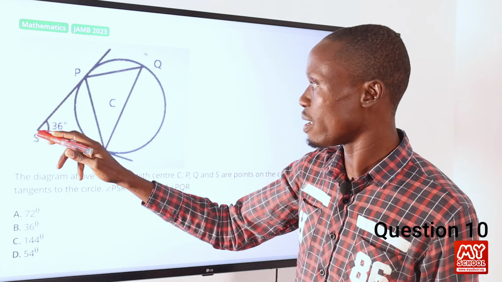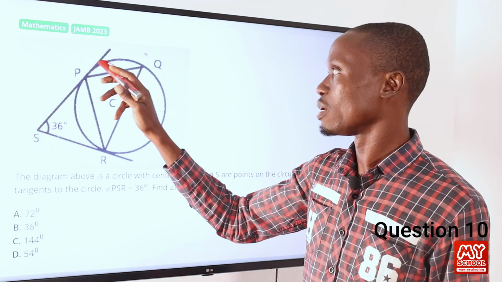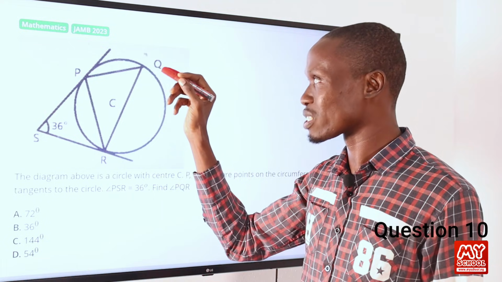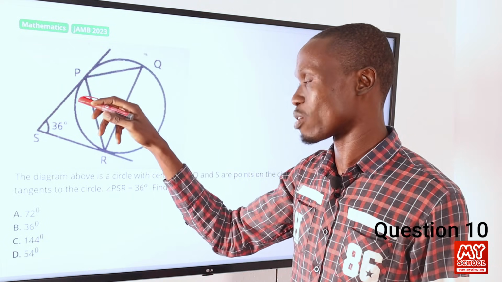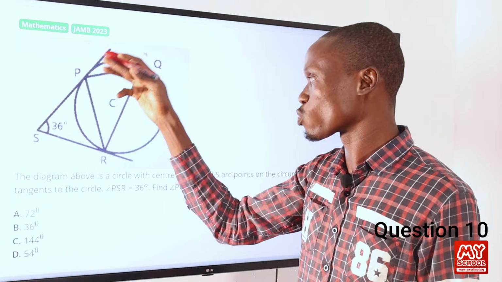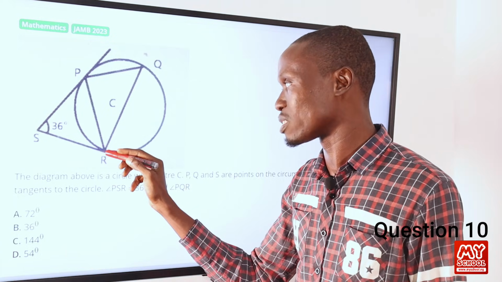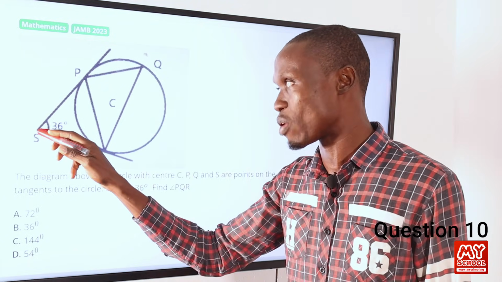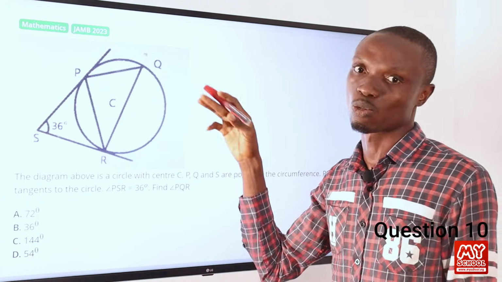The line SP is a tangent to a circle. Okay, when a straight line just touches the circumference of a circle, such a line is referred to as a tangent. So for this question, we have two lines that just touch this circle. And you also discover that these two lines actually meet at a point that is external to the circle.